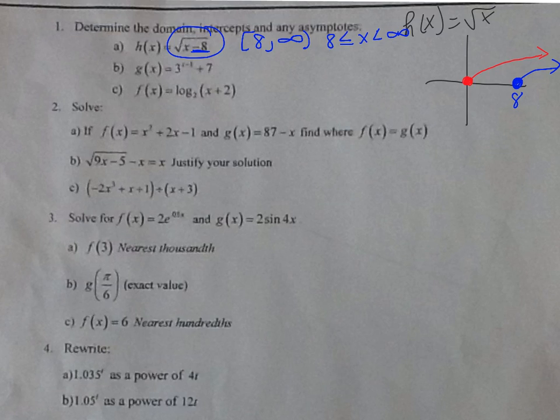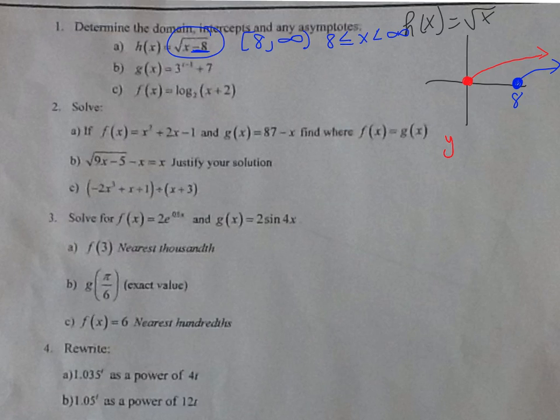Let's talk about the x and y intercept. So let's talk about the y-intercept. Notice that your graph is starting over here at 8 and it's going to the right. It's not crossing the y-axis. So there is no y-intercept for this graph. And look what happens when you do try to find the y-intercept.